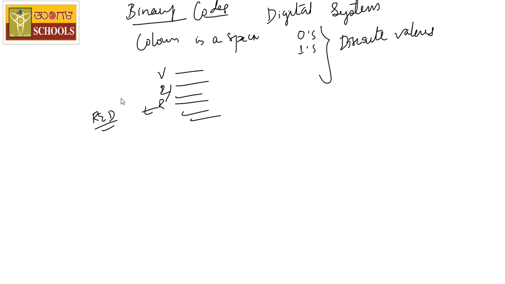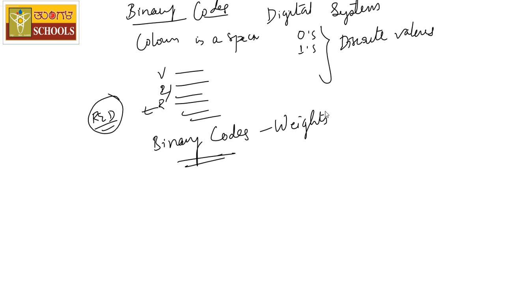And how can these discrete quantities be understood by the digital system? That is why they have made different kinds of codes, known as binary codes. These binary codes have their weights, and I will explain what those weights are. This is all about binary codes.